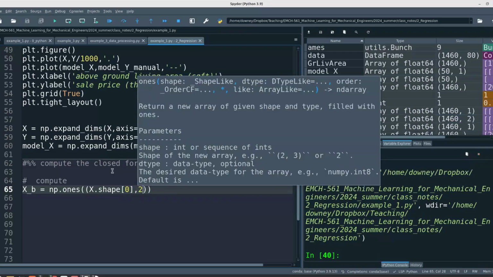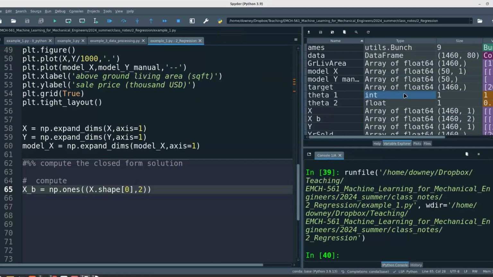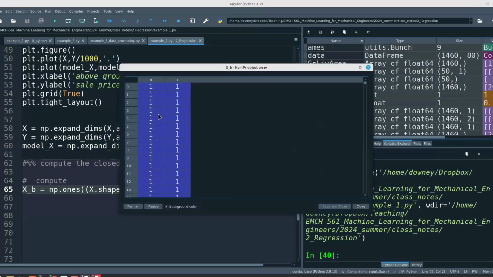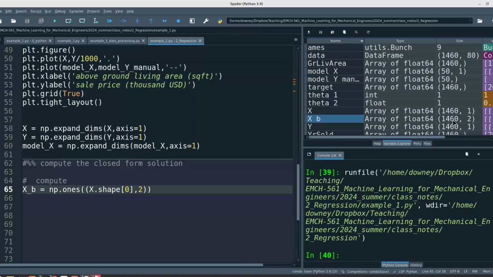And that should give me a matrix of ones that is 2 columns of 1 by however many data points I have in X, which is 1,460. Right? Because I have 1,460 home prices that I'm trying to model. Okay, so that is going to be my data set, or the start of my data set.